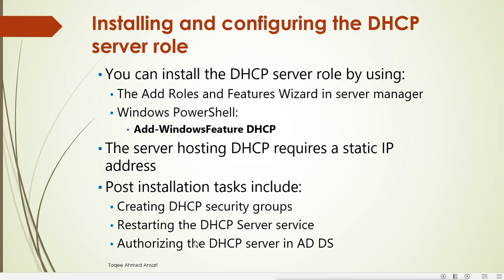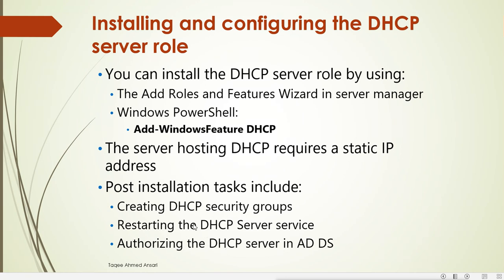So we have to do this. We have to authorize the DHCP server. We have to create the DHCP security groups, and these are all post-installation tasks. Now this post-installation task will be done automatically. We don't have to create the groups manually. We don't have to authorize the DHCP server to the domain manually.